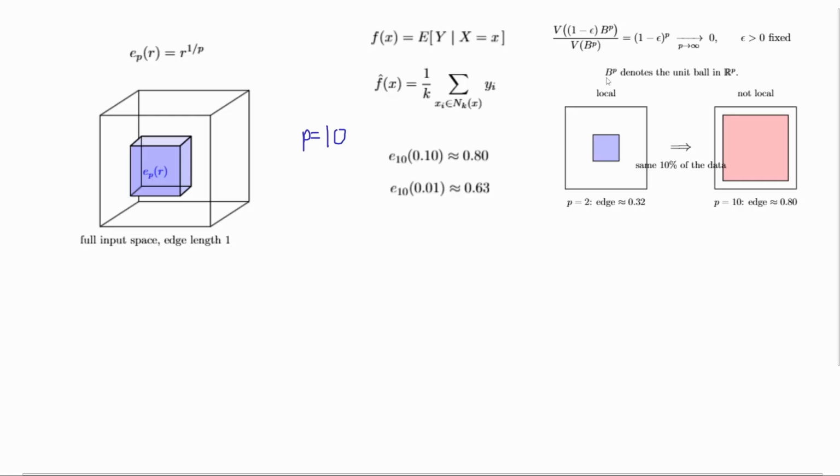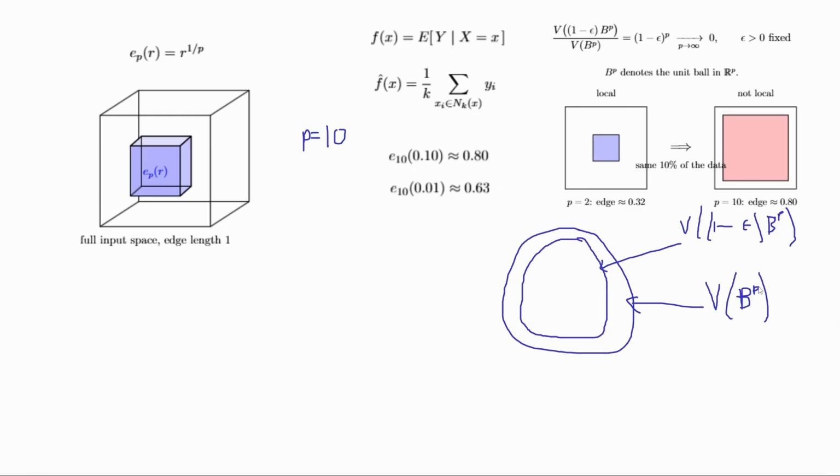First of all, B_p is a unit ball in p-dimensional space. What we're doing is taking the ratio of the volumes, multiplied by some constant, where epsilon is a small value.